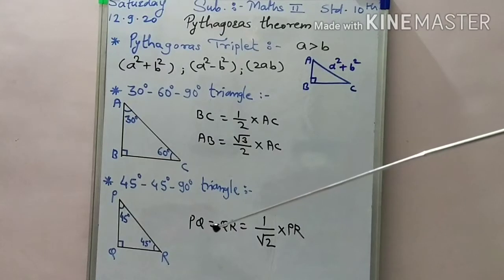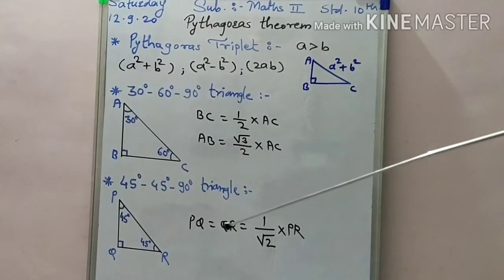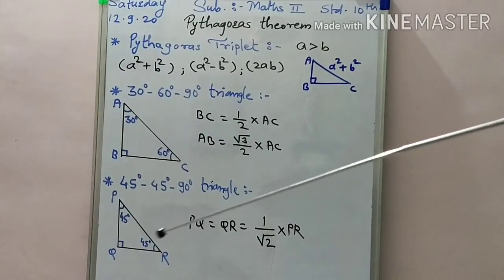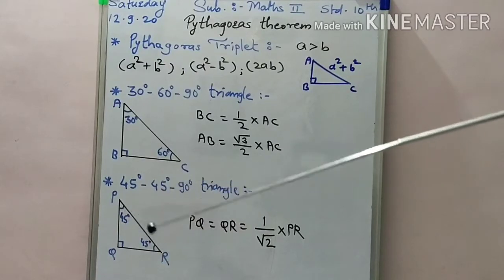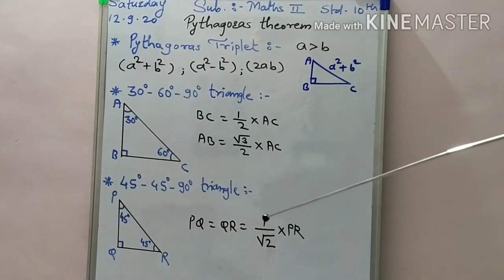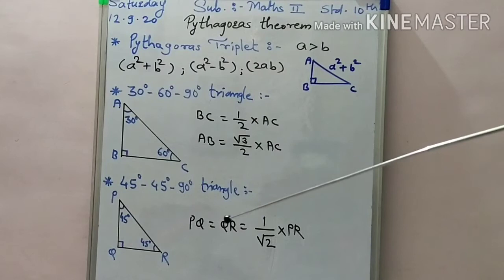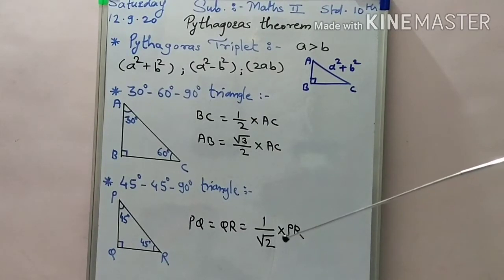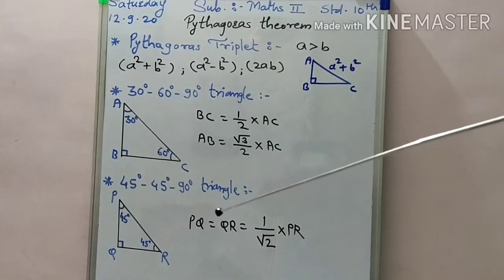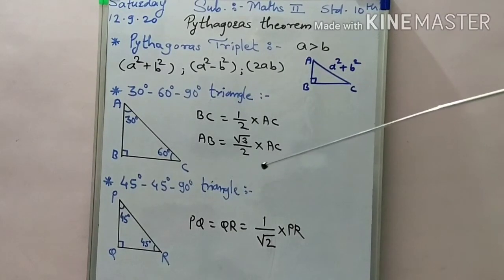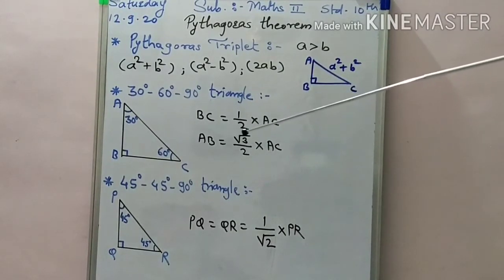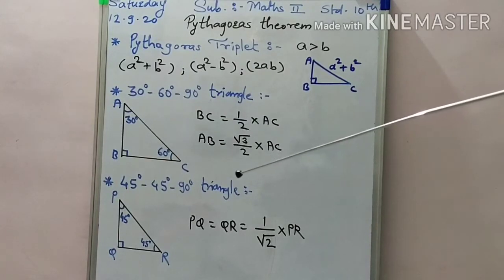So PQ is equal to QR, and each side opposite to 45 degree is 1 upon root 2 times the hypotenuse. Hence PQ equals QR equals 1 upon root 2 times PR. These are the concepts, and using these we have to solve the examples in practice set 2.1.